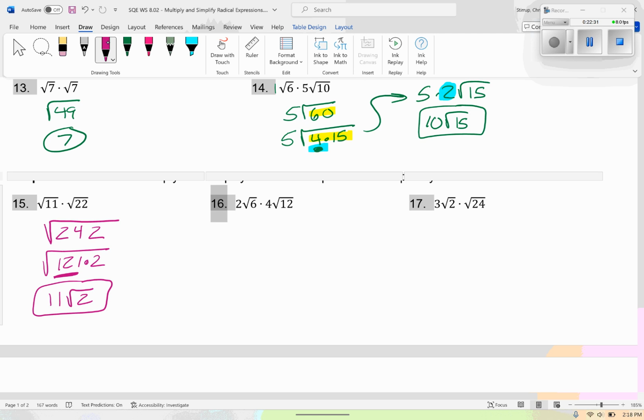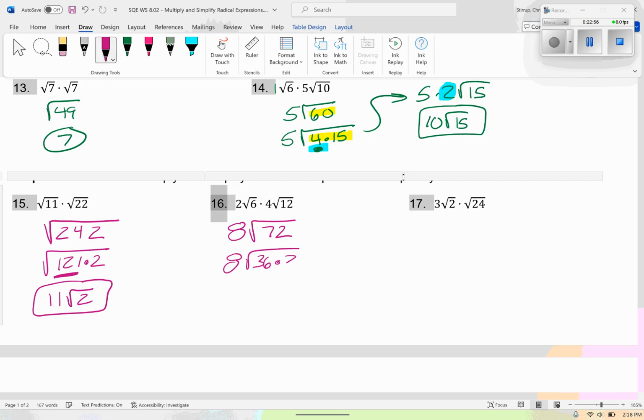Okay. Let's look at number 6. Outsides. What do I get outside? 8. What do I get inside? 72. Okay, we've done 72 a couple times. What's that going to break up to? 36 and 2.